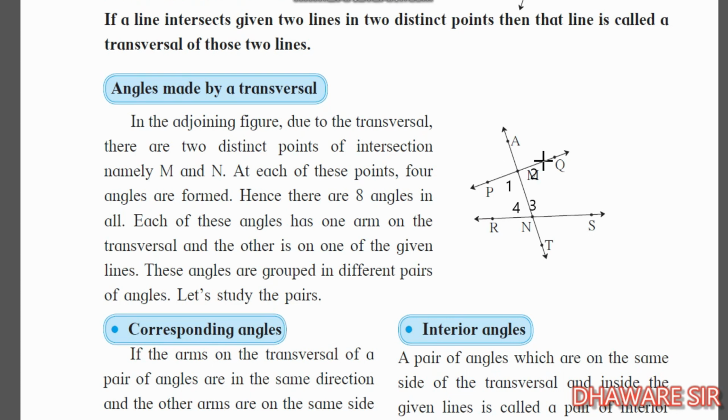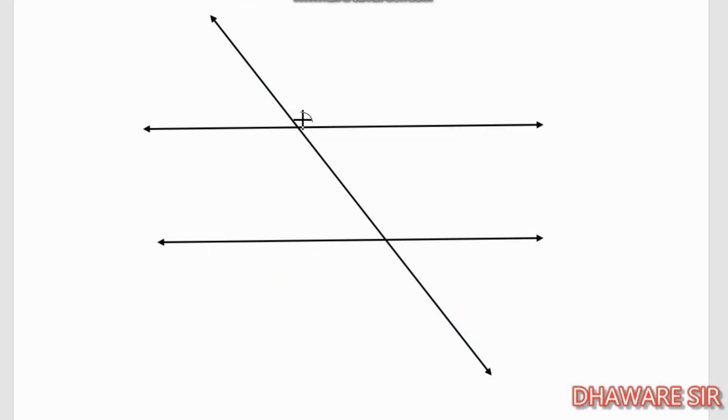Let us draw a figure and write down the corresponding angles, interior angles and the alternate angles on the page. So students, let us see the example. Let us draw the lines.